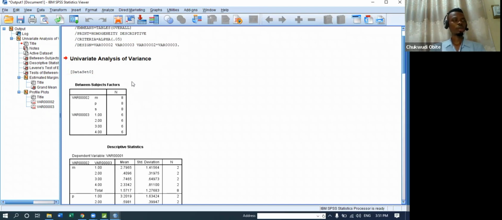Now, let me talk about ordinal and multinomial. If the dependent variable has more than two levels, you can use either multinomial or ordinal. So when do you use multinomial and when do you use ordinal?